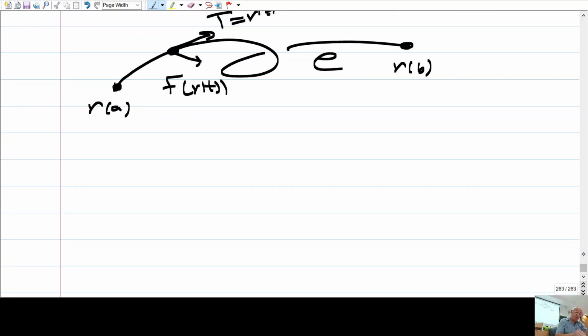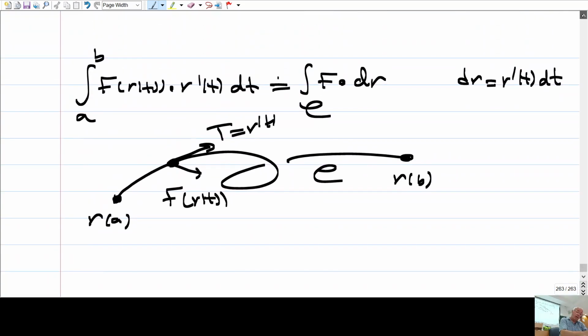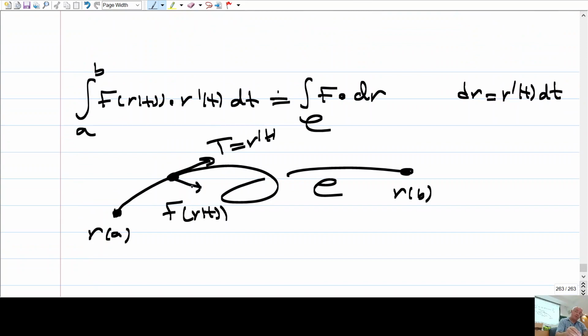But here, F is the force, let's say, applied to this object, and F dot dr is just the component of this F parallel to the tangent vector, and then you integrate it over the period AB, right?